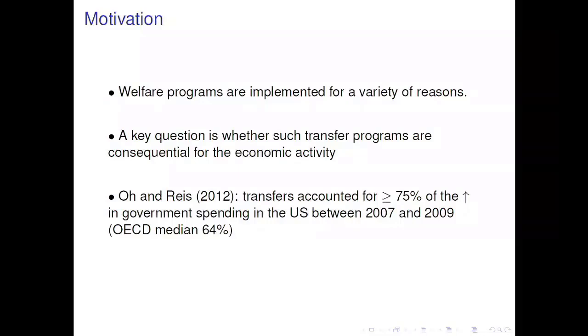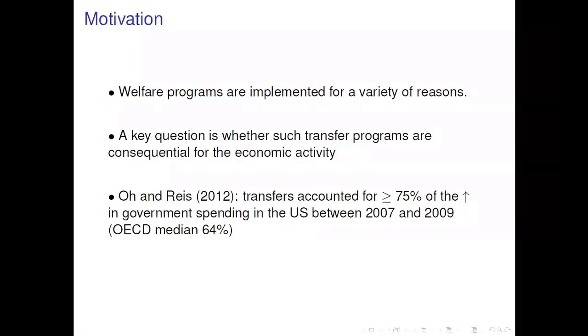Now if you're wondering whether this is obvious because when there's a spike in unemployment, automatic stabilizers mean that government is spending more on unemployment benefits, then you'd be wrong. Because, again, this paper shows that more than half of the increase in expenditure was discretionary. In other words, the government was spending intentionally more through transfer programs.